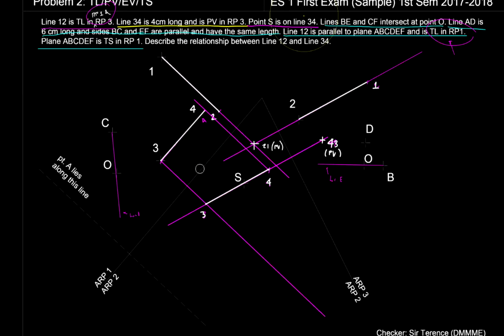Okay? So, how do we find? We just need one point, no? We need one point A, B, C, D, or F. And meron ba tayong available point na pwedeng gamitin? Pwedeng si point A? Hindi.